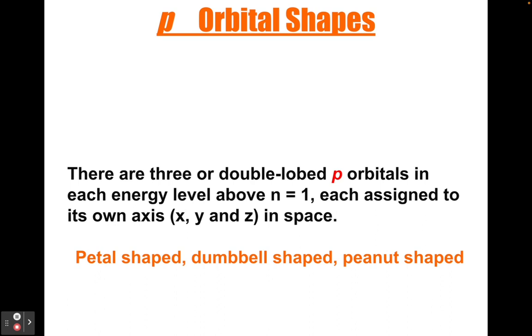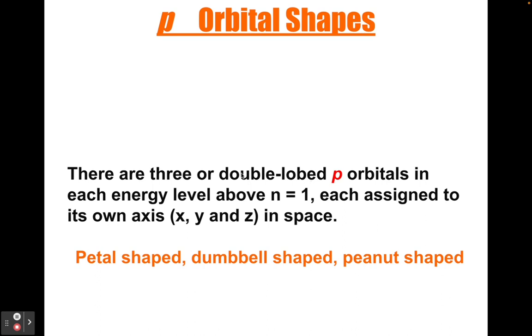Starting at level 2, n equals 2, you'll now have p orbitals involved. We also sometimes call these subshells or sublevels. So at the second energy level, you'll have a p sublevel, and in that sublevel, you have p orbitals.